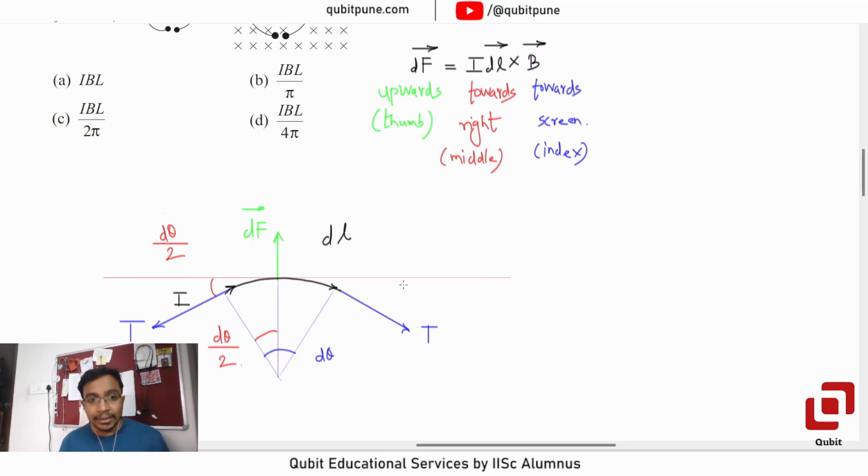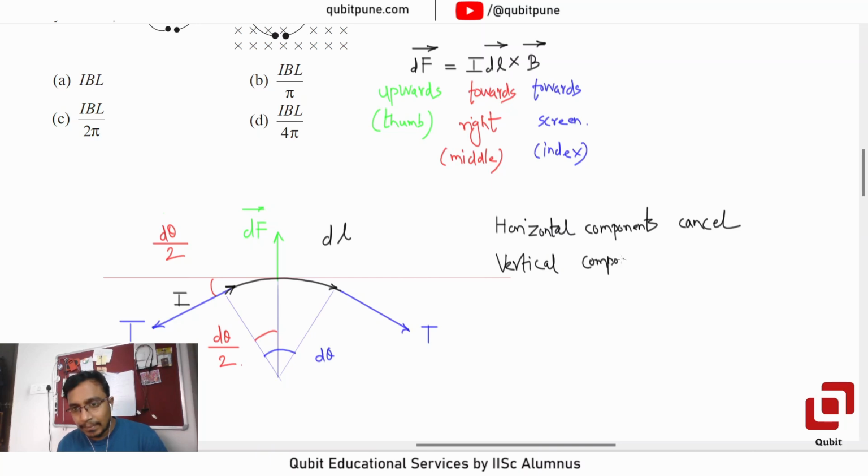Now look, the horizontal components cancel each other, but the vertical components will counter df bar, because the vertical components of the tensions will be downwards and the force is upwards.